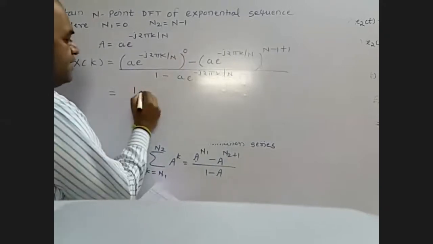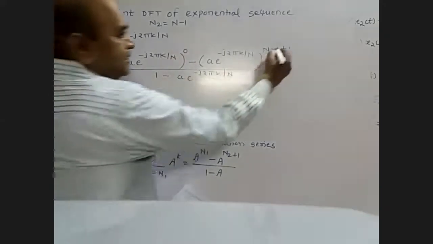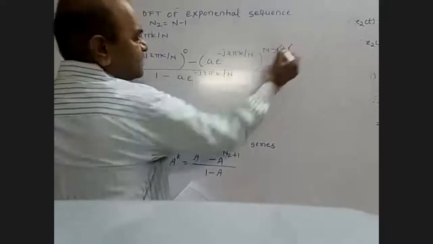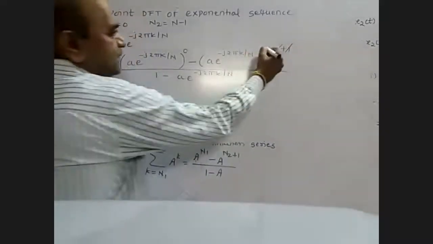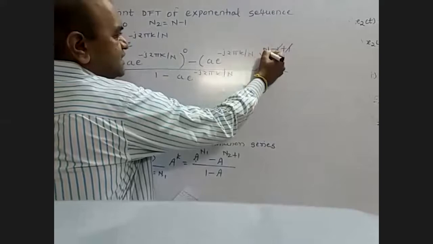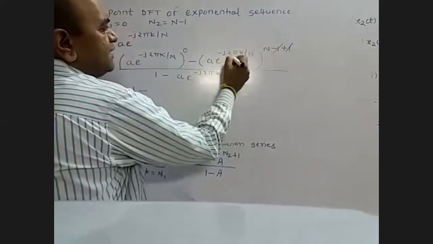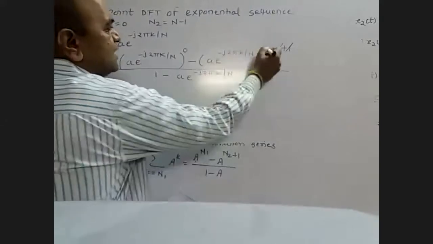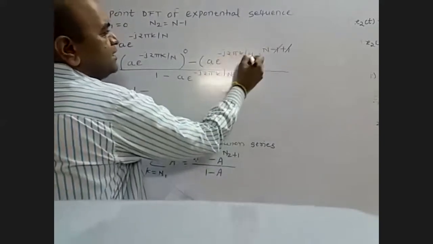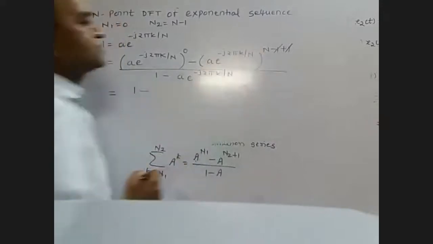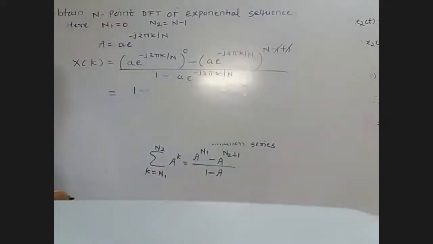1 minus. Now here this minus 1 and this plus 1 get erased. So this n will be coming multiplied with this. So a raised to n into e raised to n. N into n both get cancelled. You will get e raised to minus j 2 pi k term present at the exponent.